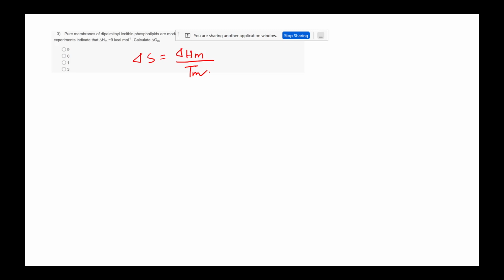Because this is the change in heat, since H is U plus PV, which talks about the change in heat, right? So if you write that, then delta Hm will be Tm delta Sm.